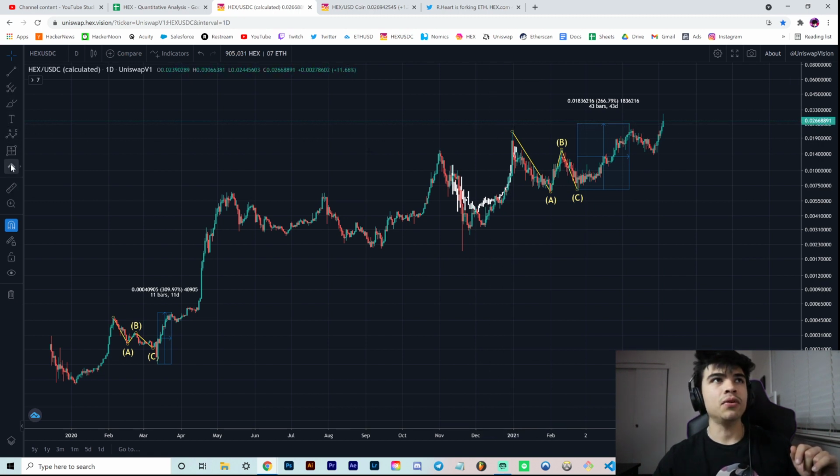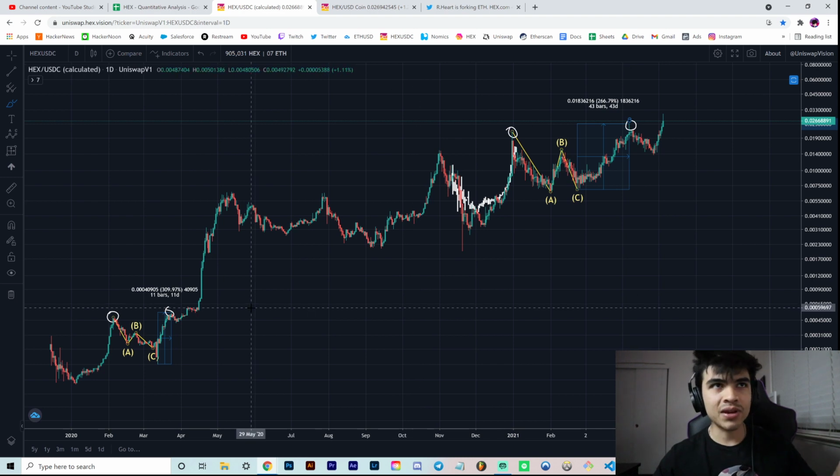So if you grab a brush, for example, I'm talking about here, the beginning of our correction, and this high was higher. And I'm saying the same thing over here. We had the high at the beginning of our correction, and then this rally after the C wave led us to a higher high. And then what happened after?